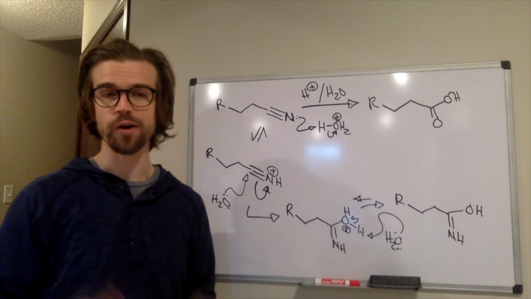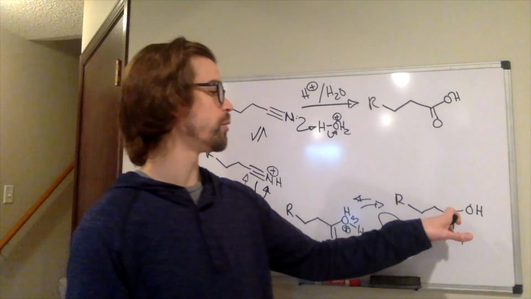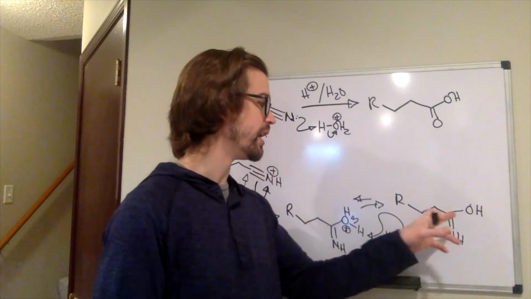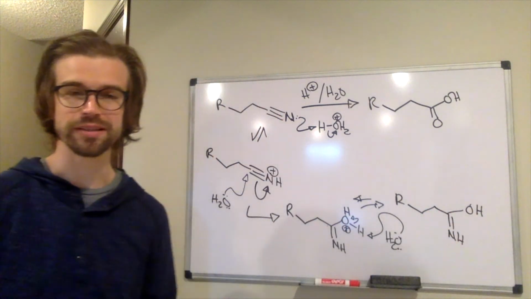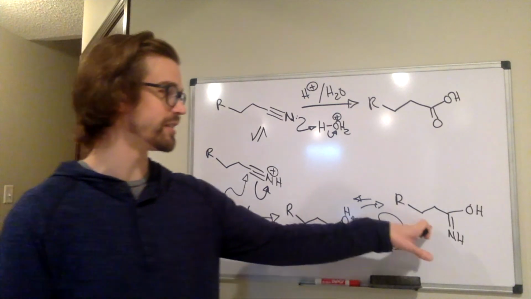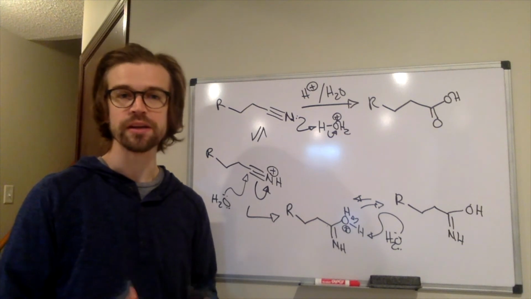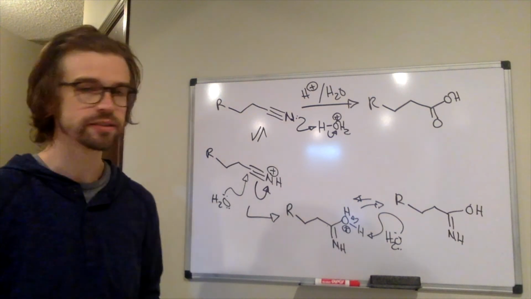We know that CO pi bonds are some of the strongest types of pi bonds. And right here we have a CO sigma bond and a CN pi bond, but the CO pi bond would be stronger. So this is essentially going to tautomerize to the amide, which will then be hydrolyzed under these acidic conditions.